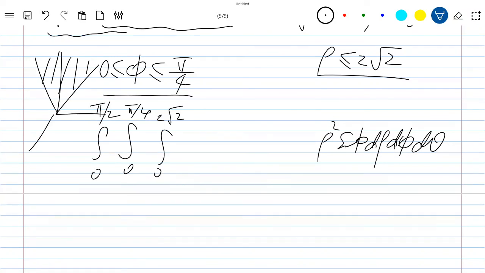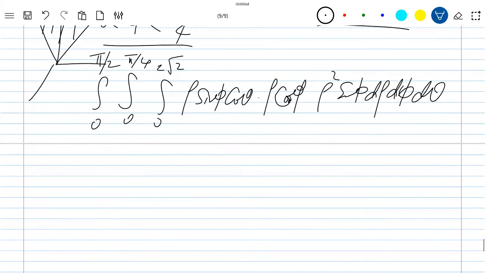And then what's the integrand? x and z, right? x is this, and z is rho cosine phi. Okay, so that's a bit complicated, but let's see. For theta, it's same as before, right?